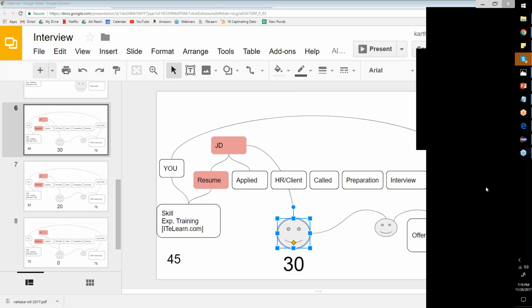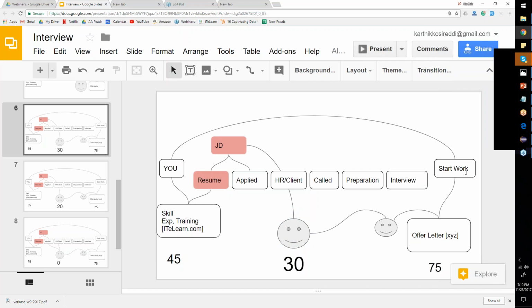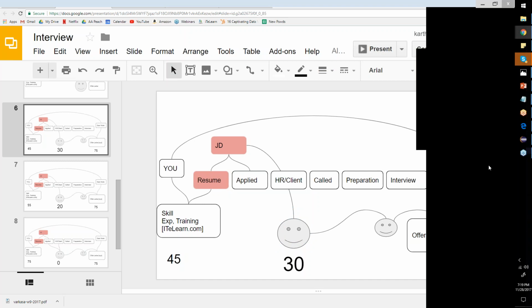Do you know why it is so painful to see that gap between our preparation and starting work? Because as humans, we have never accepted something called rejection. Human tendency is not to accept rejection very easily. So we don't like to be rejected out of anything.